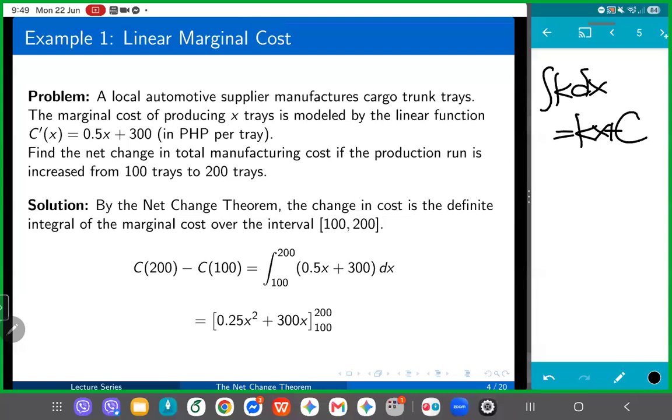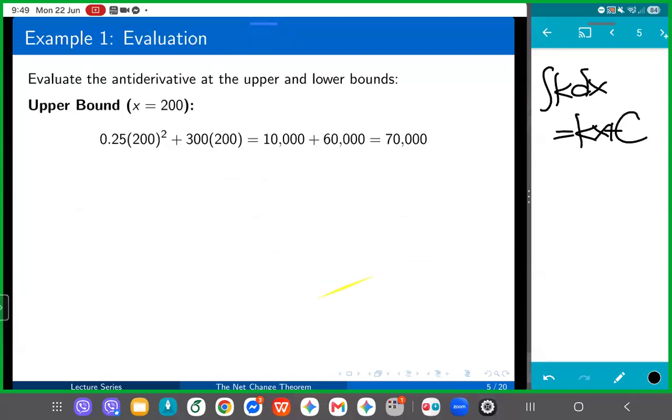And then you put in the limits of integration, the 100 and the 200. Remember, you substitute the upper limit first, then the lower limit. I'll show you the calculations though. So you substitute the upper limit. You can just check the calculations later. The more important thing here is the setup, but you will get 70,000.